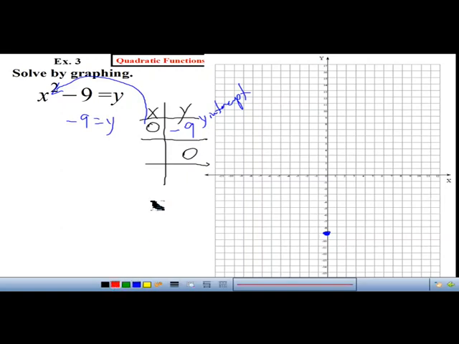Next, instead of y, I'm going to substitute 0. So that is 0 equals x squared minus 9. Okay, you're like, oh, now I see what we're doing, Mr. Q. Of course. Question. How many methods do we know how to solve this? We have 3 different ones. Which one do you want to use? The easiest one is by square roots, yeah? All right, so then plus 9, x squared equals 9.